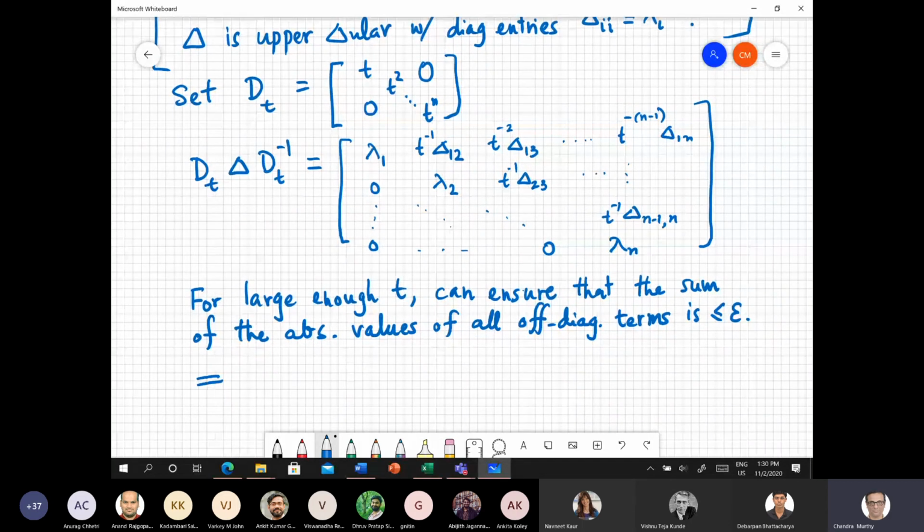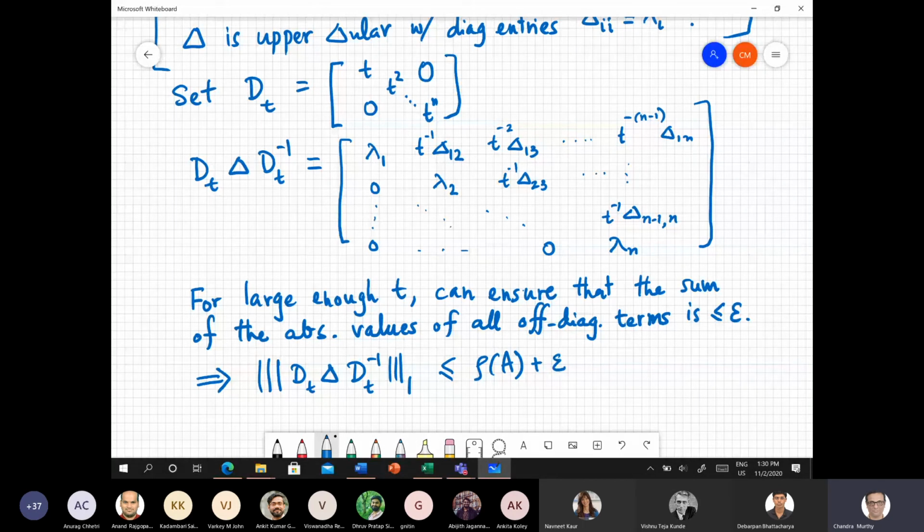So that means that if I look at D_t delta D_t inverse, the one norm is going to be less than or equal to rho of A plus epsilon.